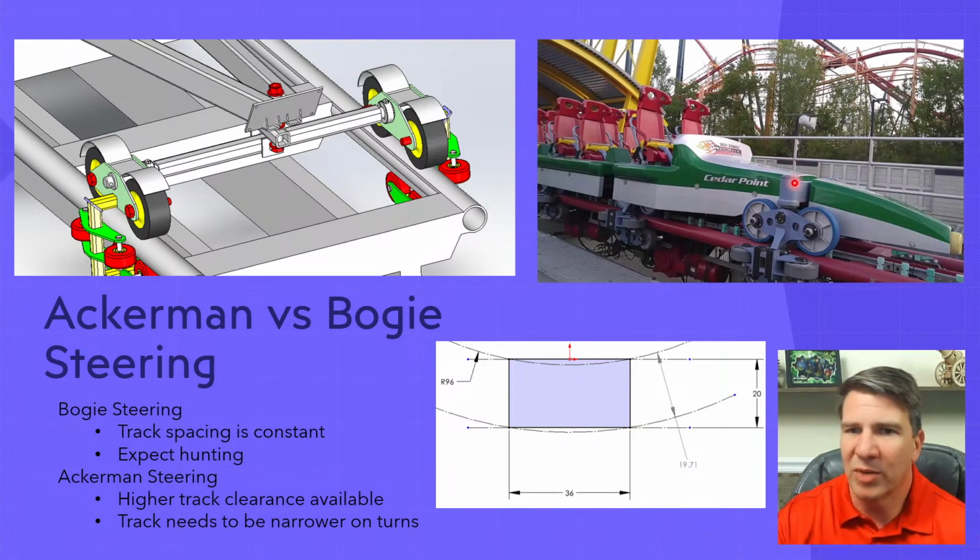The bad part about it, and the reason I didn't choose it for my coaster, was in all four corners here, I'm going to have a vertical post, and that post is not movable. So if I have a length of straight track right here that's 20 inches apart, that works great.